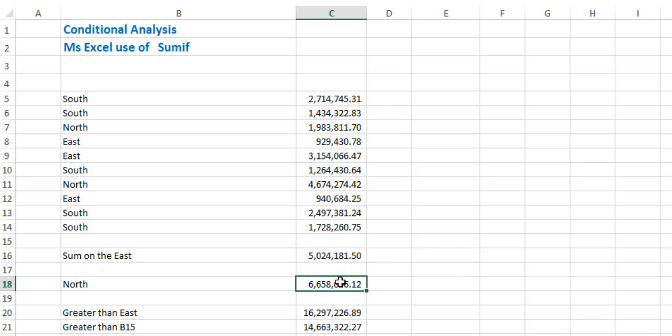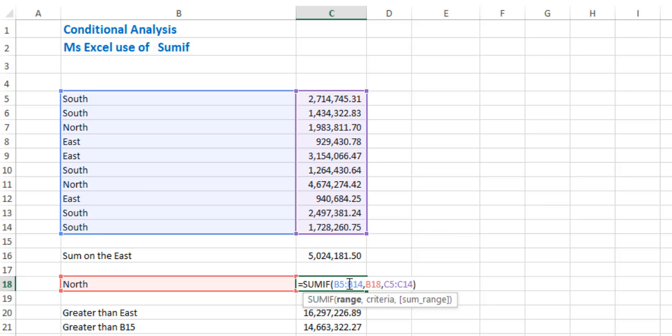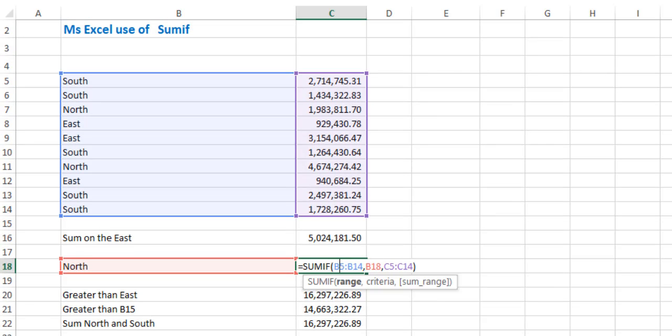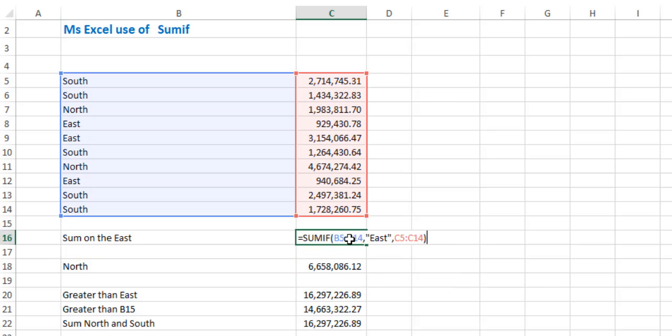The same way, the same formula where we have written for the north: SUMIF B5:B14, comma B18. Now look at this, it's a little bit changed, because here we did not use the cell reference, but we used this hard-written "east".